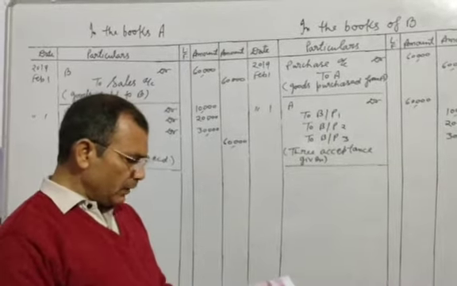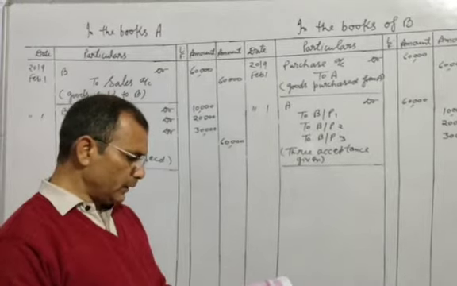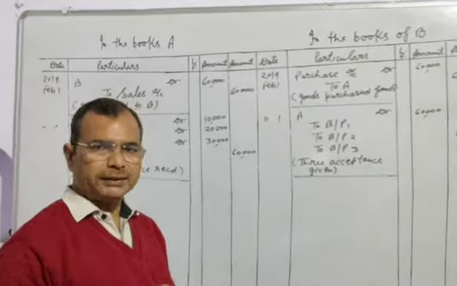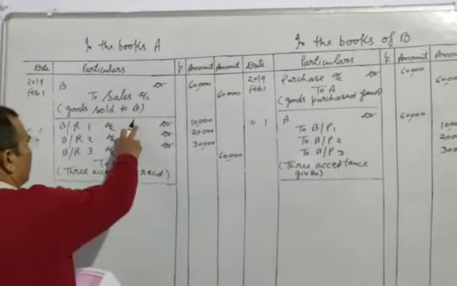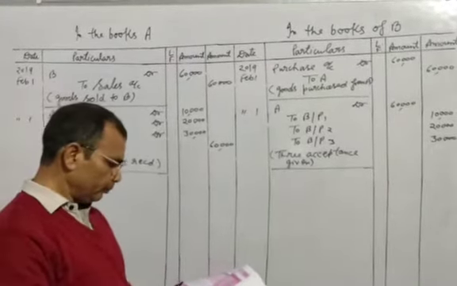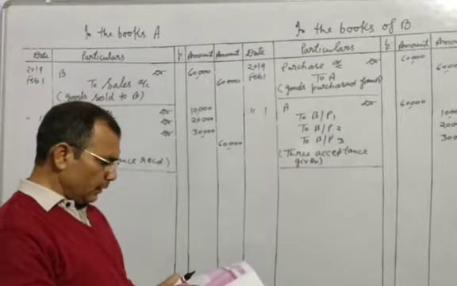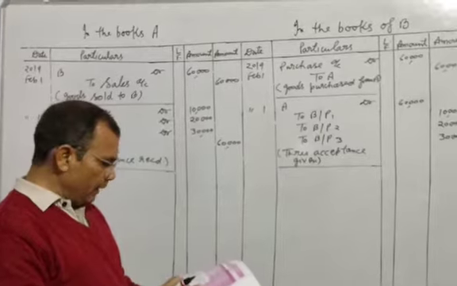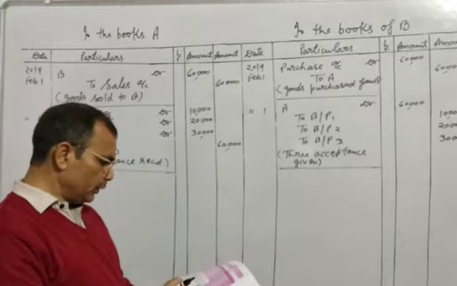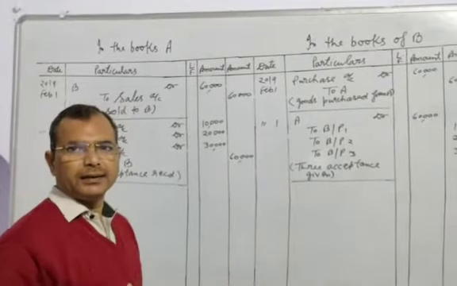We accepted all three bills. The first bill was retained by A, meaning BR1 is retained by A till maturity.